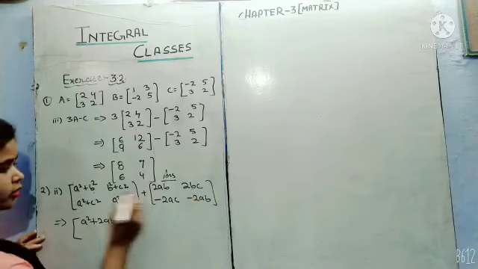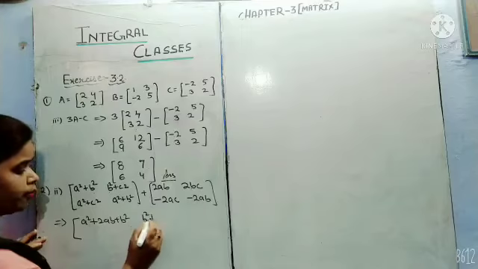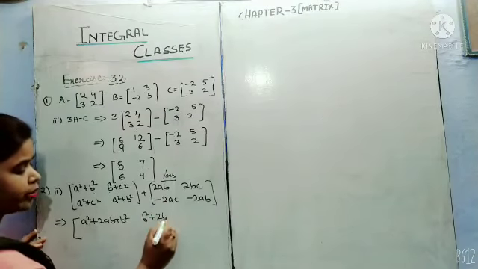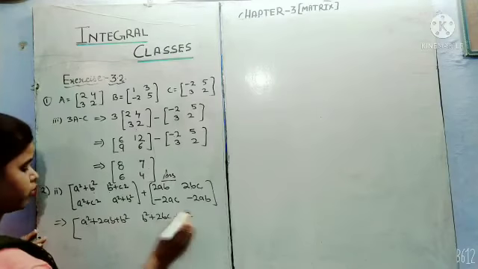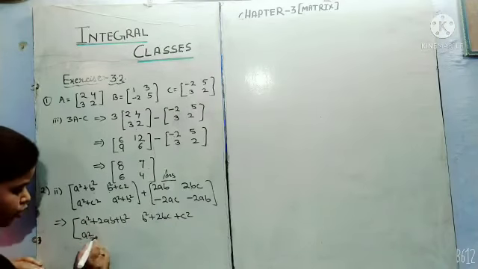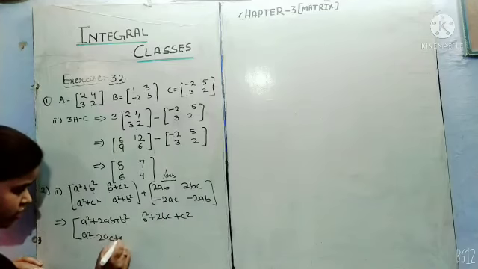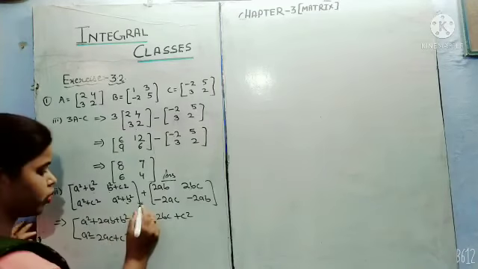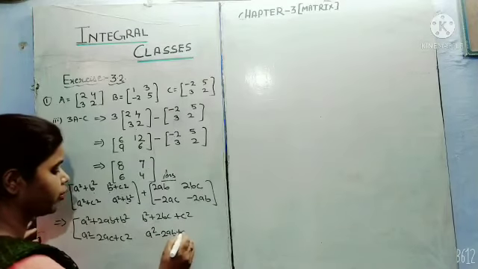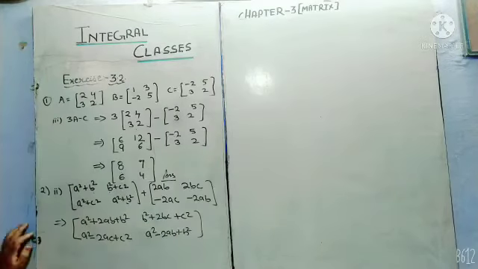Now we will add them. B square plus C square plus 2BC plus C square. Again A square minus 2AC plus C square. A square plus minus 2AB plus B square.